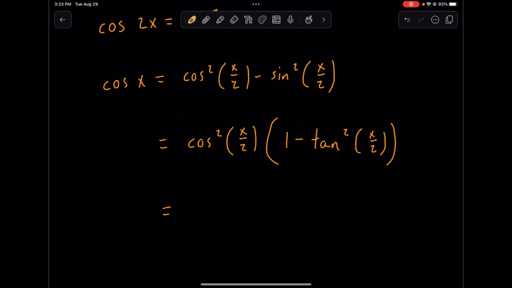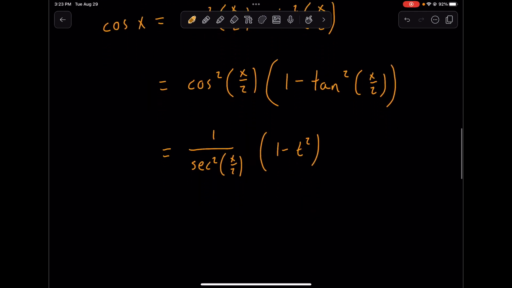So now we know that cosine squared is the same as 1 over secant squared. And we know that 1 minus tangent squared of x over 2 is the same thing as 1 minus t squared. Now we can again use the trig identity that secant squared is 1 plus tangent squared.